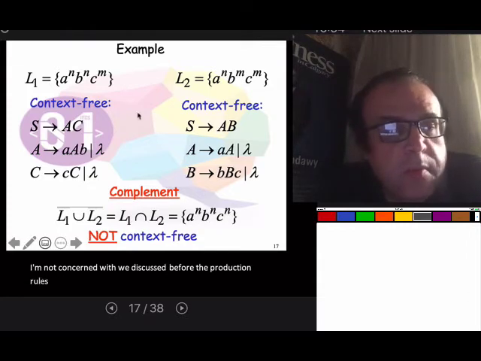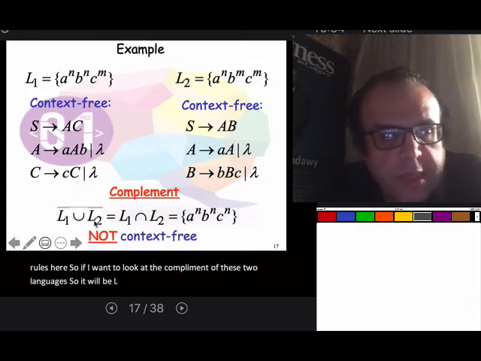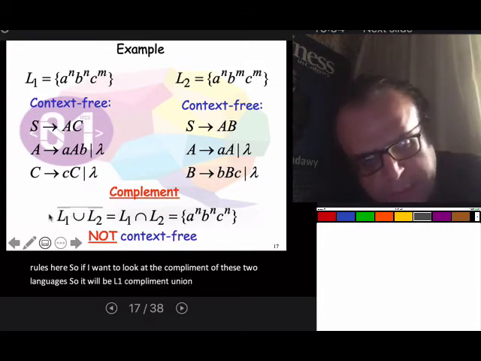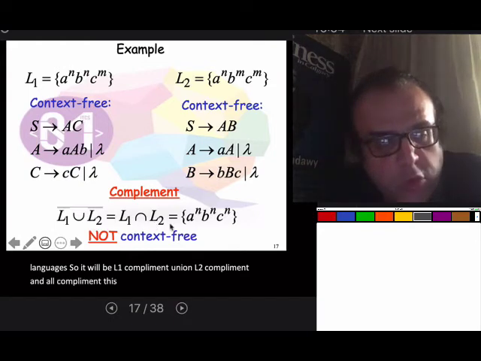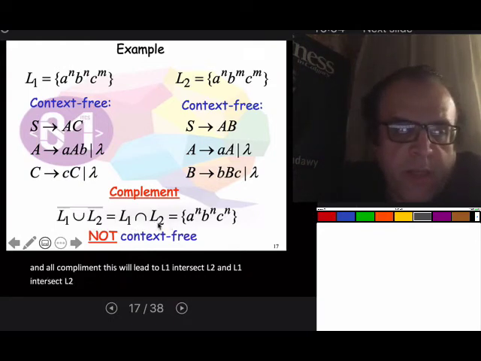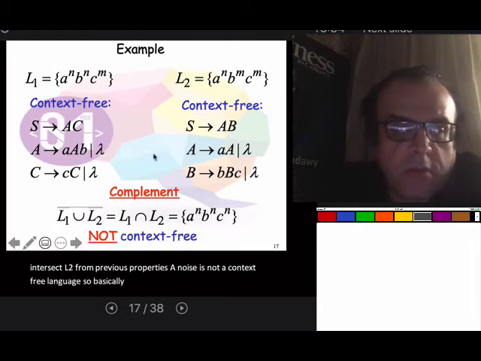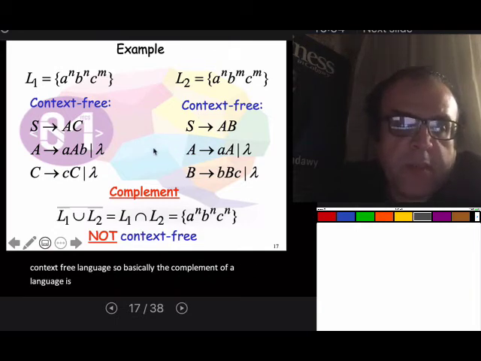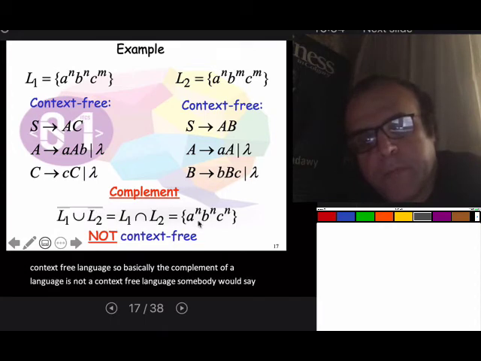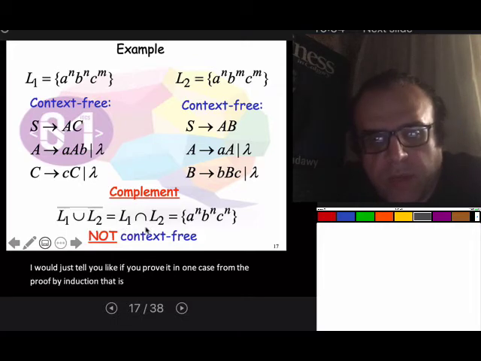If I want to look at the complement of these two languages, it will be the complement of L1 union the complement of L2, and all complemented. This leads to L1 intersect L2, which from the previous property we know is not a context-free language. So basically, the complement of a language is not necessarily a context-free language. Somebody will ask why you prove it this way. If you prove it in one case that it is not a context-free language, you can stop.